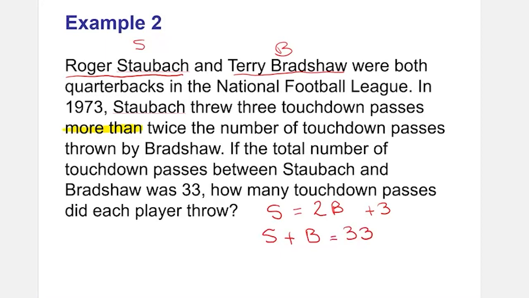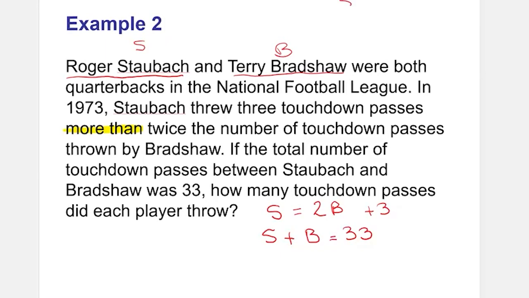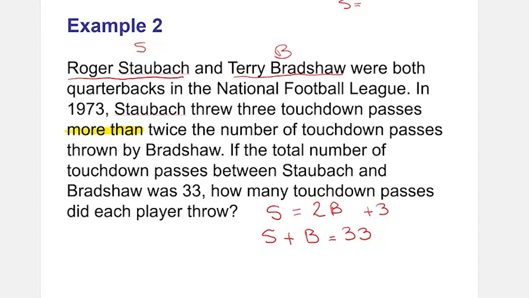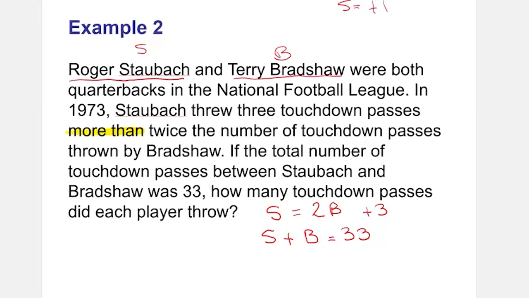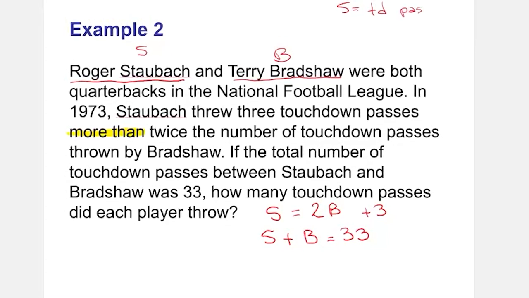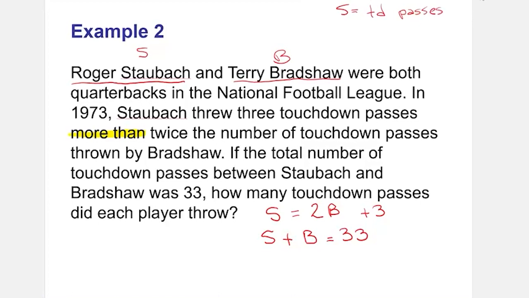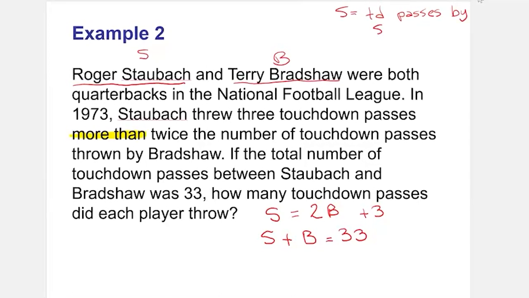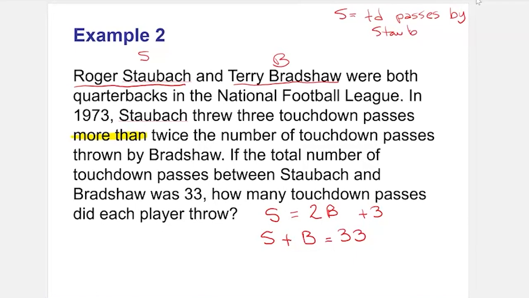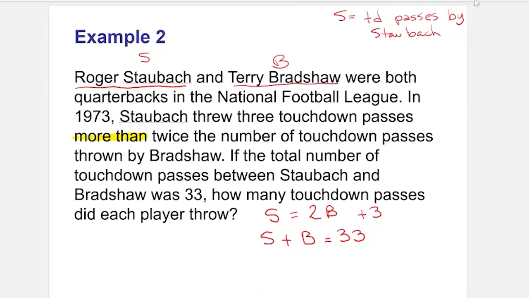Now, I can also say S is equal to touchdown passes by Staubach, in case you just want to use X and Y. You can write this somewhere so that you understand what you're doing. And B is touchdown passes by Bradshaw. Okay.